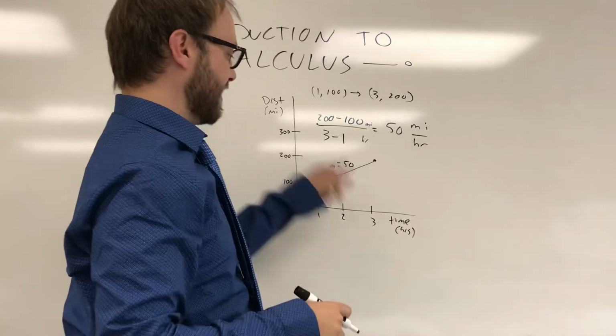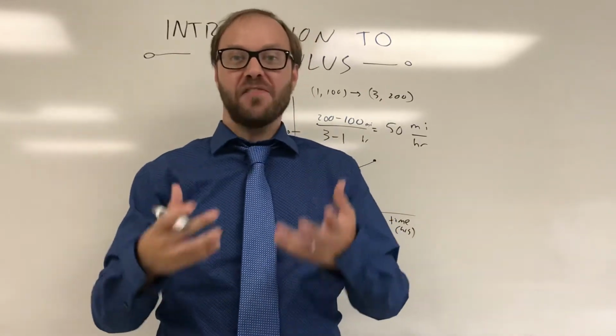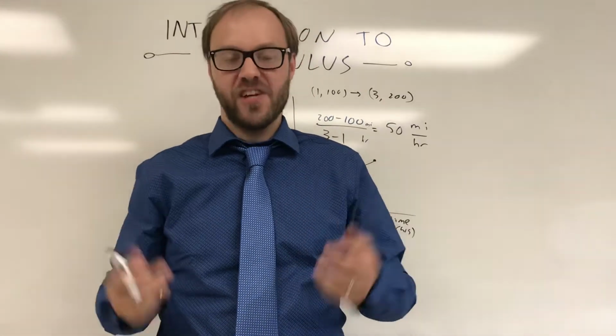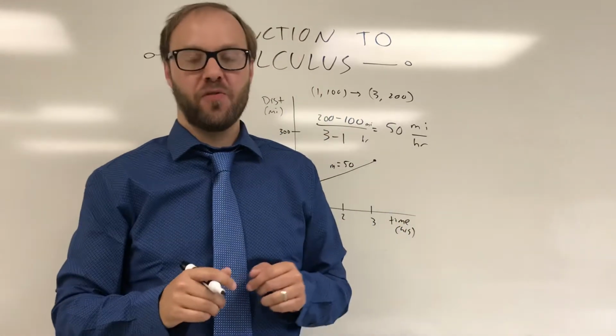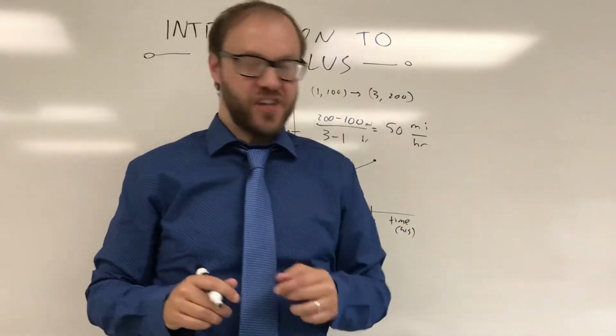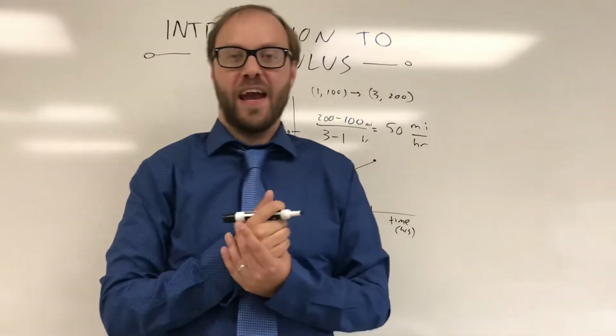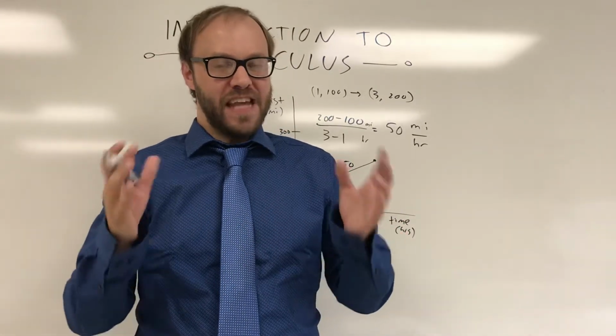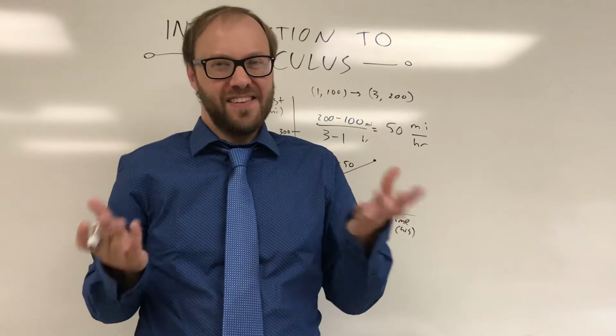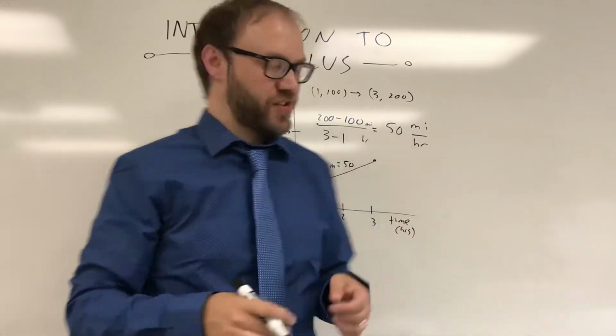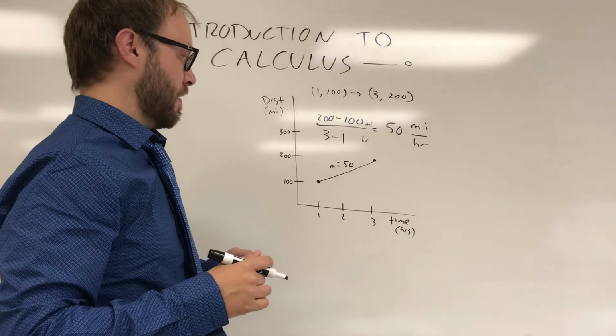So if I have a distance and time graph, the rate of change, or the average rate of change in this case, which we'll talk more about moving forward, my rate of change is really just the slope of that line, okay? And what I've done here is technically calculus, but it's also technically Algebra 1. We just found the slope of a straight line, okay?